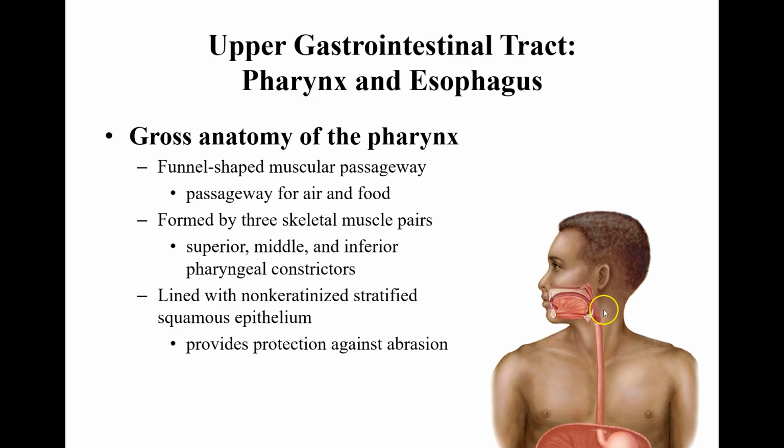We want it to be stratified squamous epithelium and not something else, because materials, when they move into the throat, sometimes can still be sharp. Think of that potato chip that you didn't chew all the way and it scraped the back of your throat and it hurt really bad. If you had a single layer of epithelium, that could actually break through and cause you to bleed into your throat, and that would be dangerous.